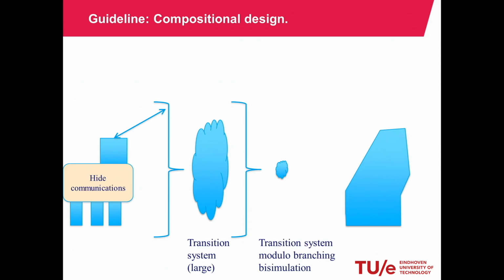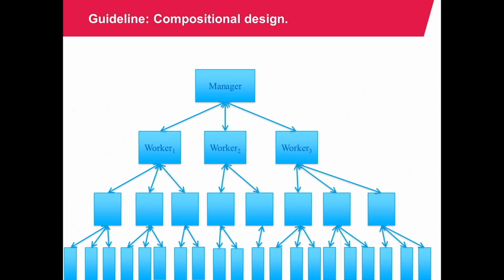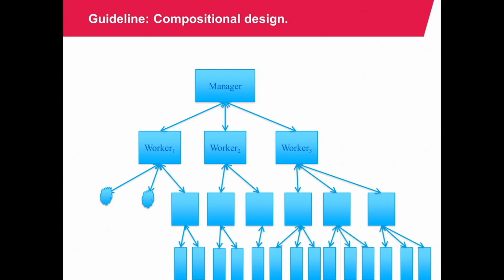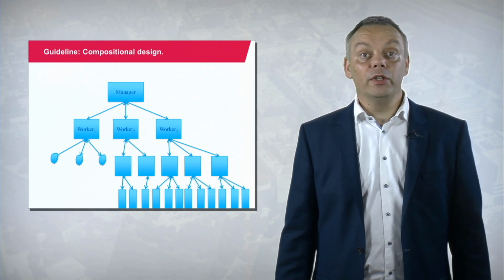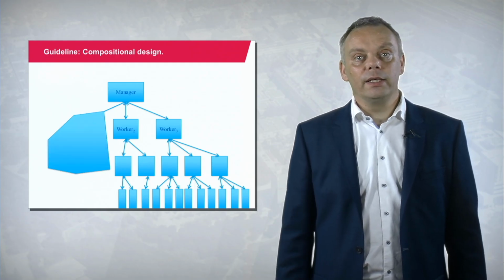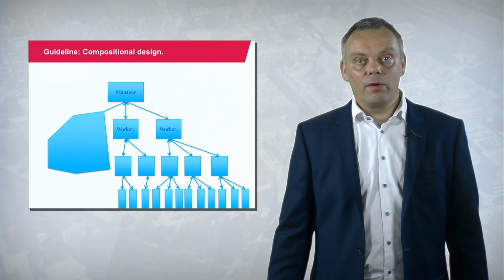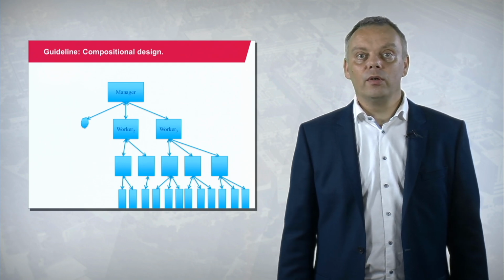And if we have this small transition system, we can replace the original behavior by this reduced behavior. And in this way we can work our way and replace all subsystems by this small behavior, and we can actually recursively do this upwards, so take this system and generate a small behavior of this system.